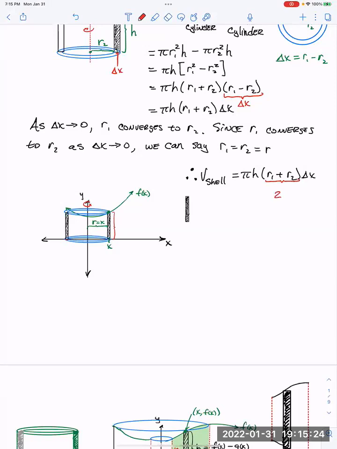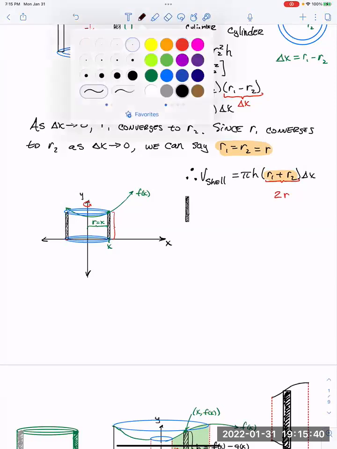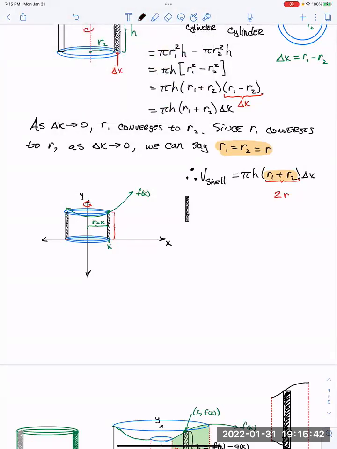So it's going to become 2R. Because R1 and R2 become equal, therefore R1 plus R2, since they're both R, becomes 2R. So that simplifies our formula down to this: the volume of an arbitrary shell is equal to pi times h times 2R delta x, which finally gives us this formula. It's 2 pi r, correct?